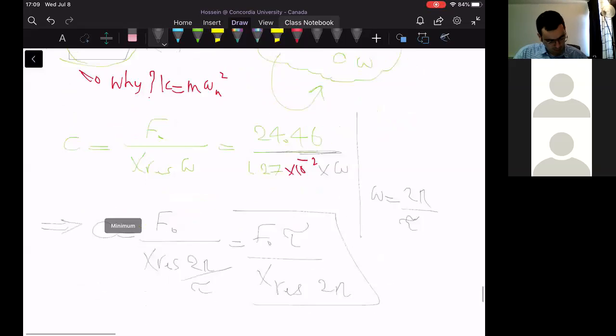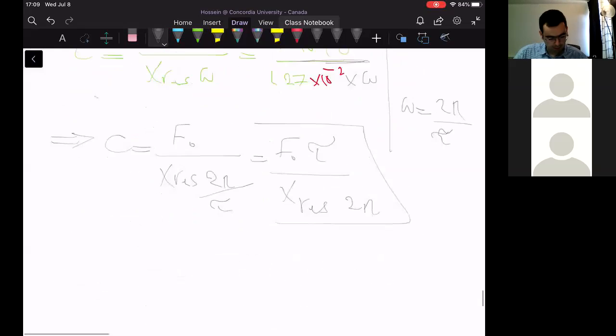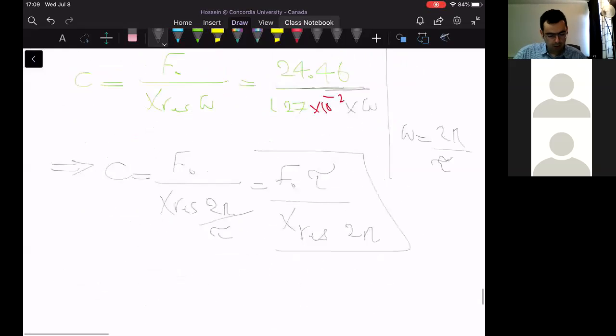Because we don't have omega in this problem specifically, we have to somehow calculate C. So we replace omega by 2 pi over tau. Therefore, the damping constant can be easily obtained by this equation.